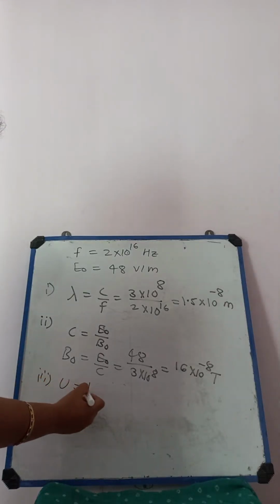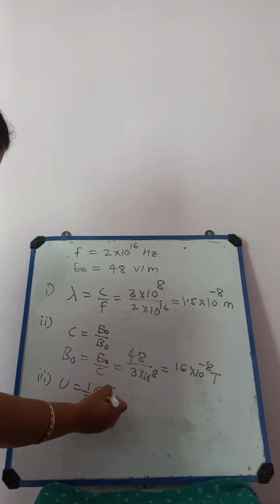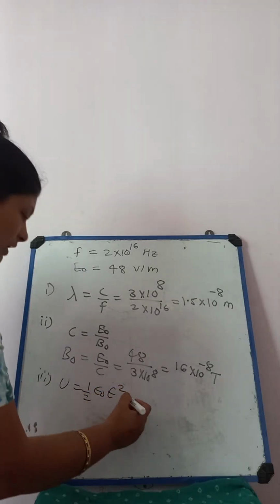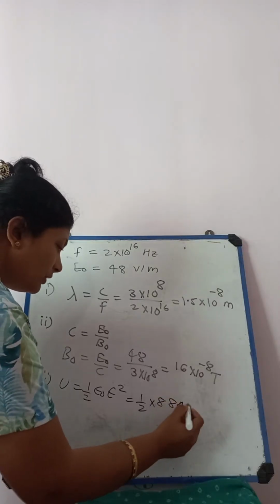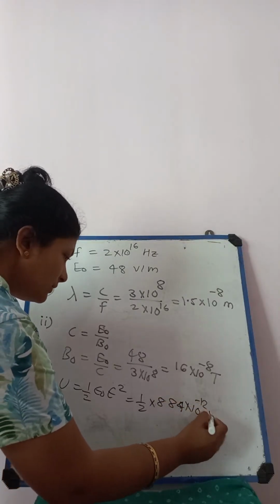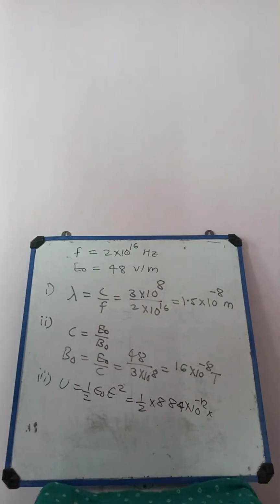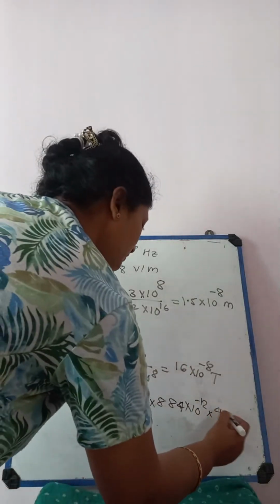U is equal to half epsilon naught into E square. So half epsilon naught is 8.84 into 10 raised to minus 12, into E square, that is 48 into 48.